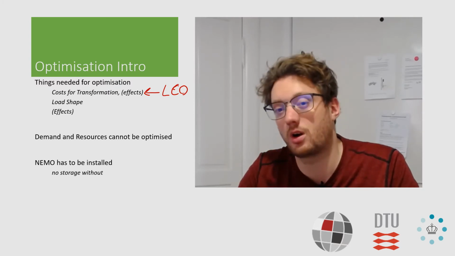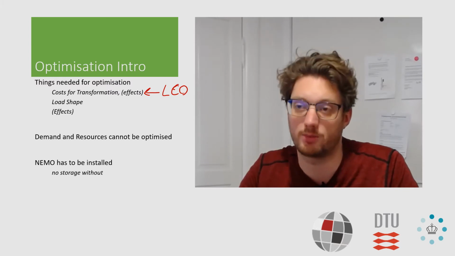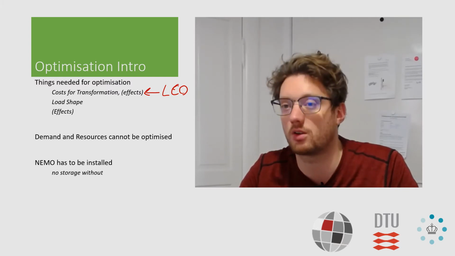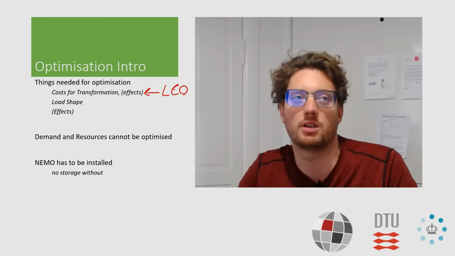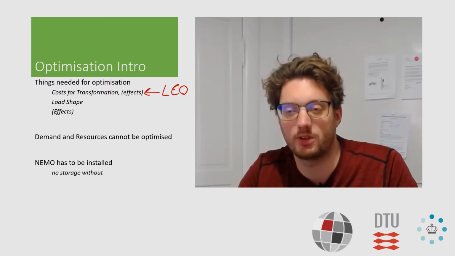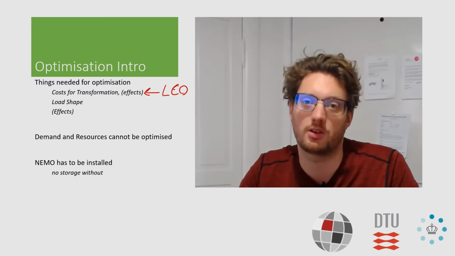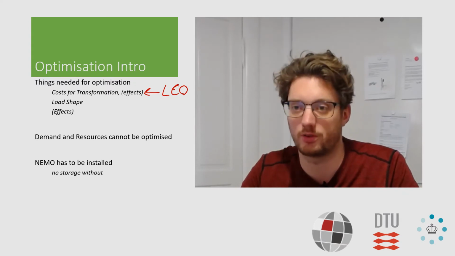We also need to cost our effects if we want the model to optimize for that as well. We do not need to have a cost for effects if we just want boundaries, let's say a cumulative CO2 emissions limit before a certain year. But if you want to take externality costs into account, then we also need to have those costed, of course.